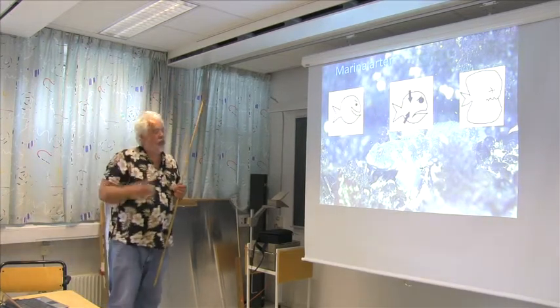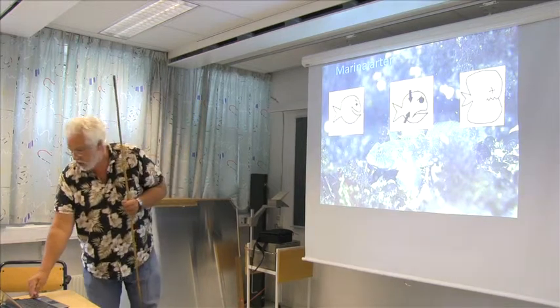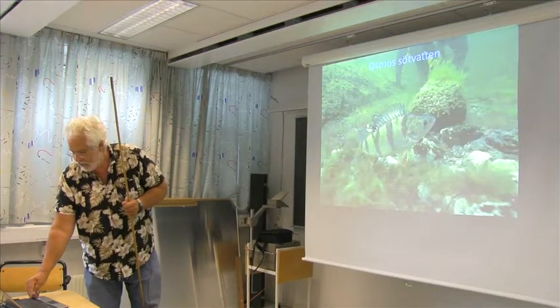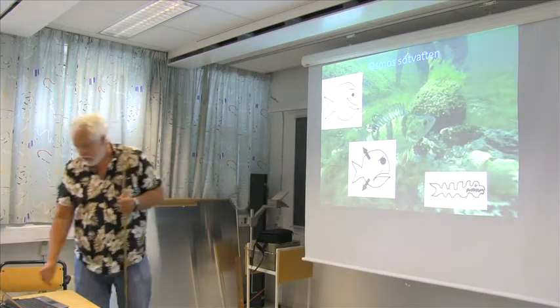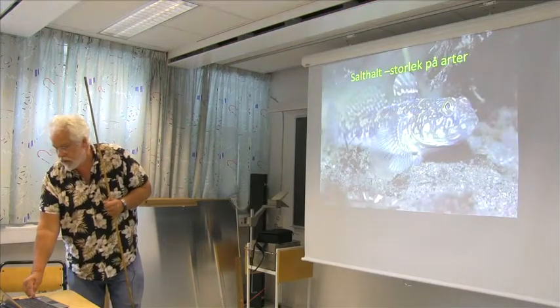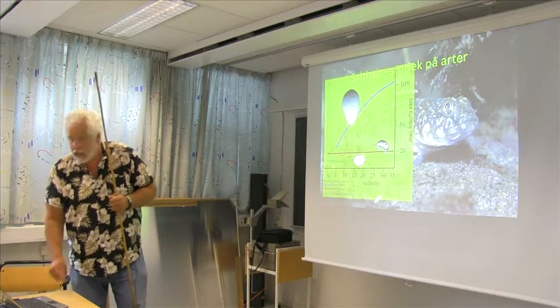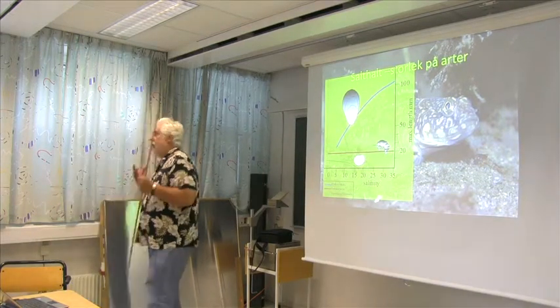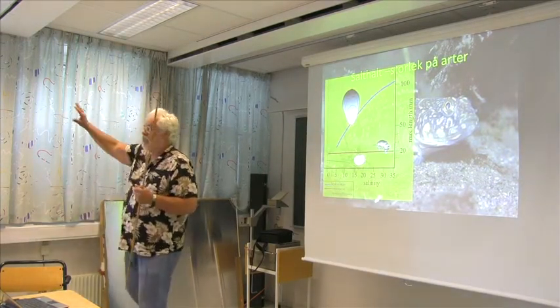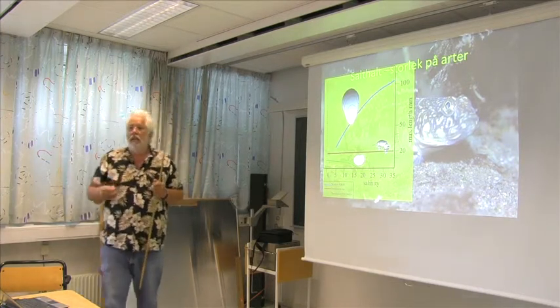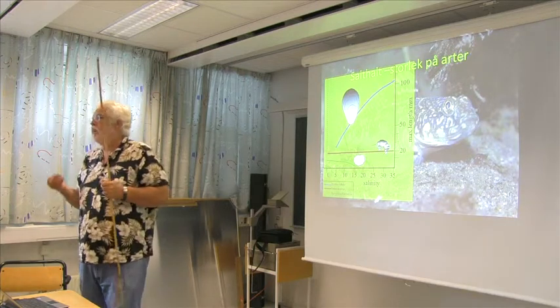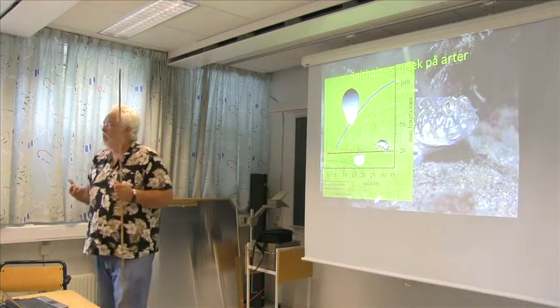This is an important factor. The same is true for the freshwater species, but in the other direction. So they have to have something to keep out the water or keep the water in the body. That means they need a lot of energy to have this process going on.